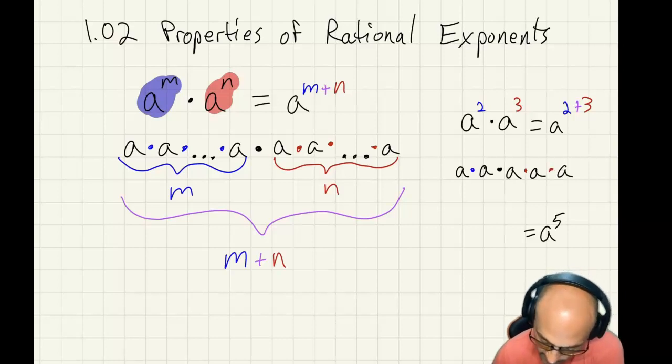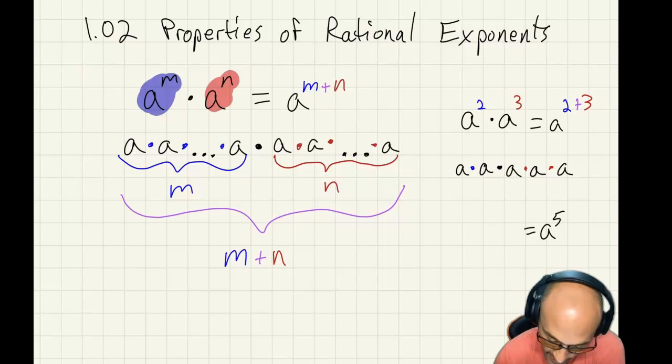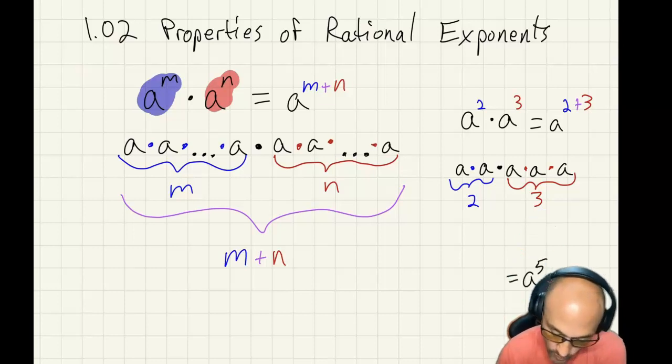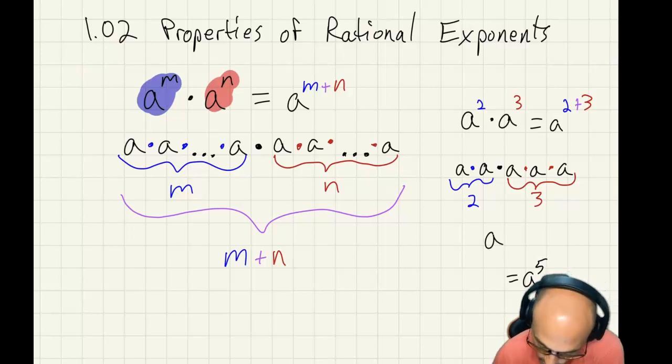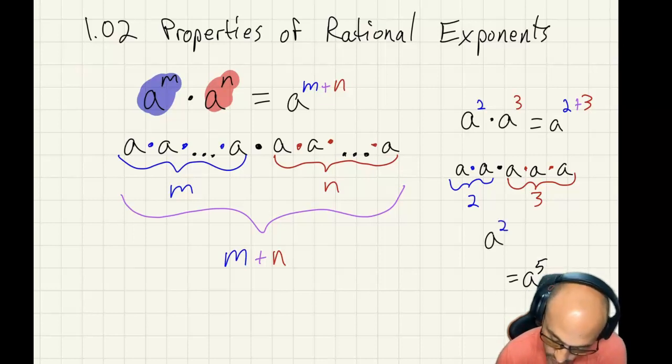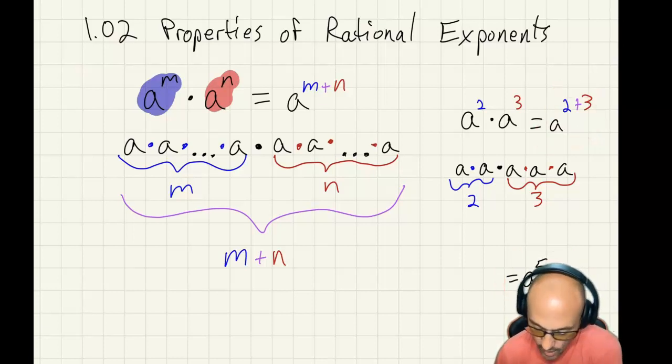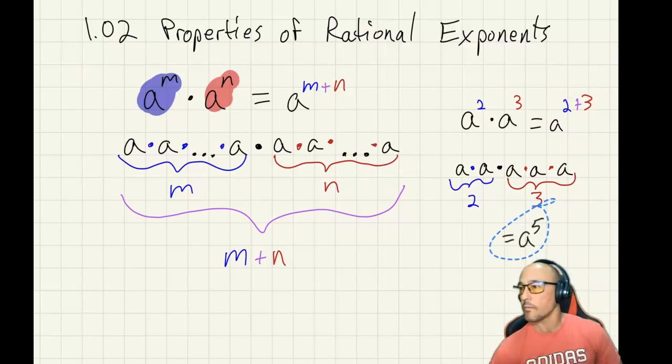So we can see that this is 2 a's. This is 3 a's. So if we look at all of it together, what we have is a to the 2 plus 3, which is a to the fifth. How are we with that? So far, so good?